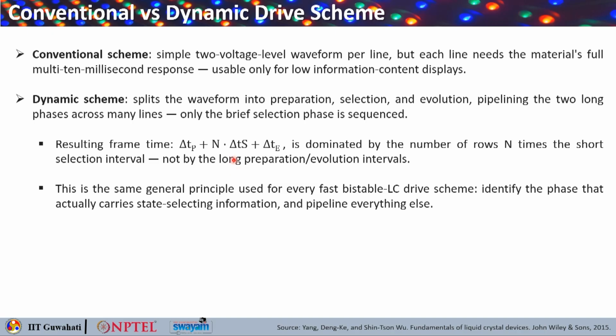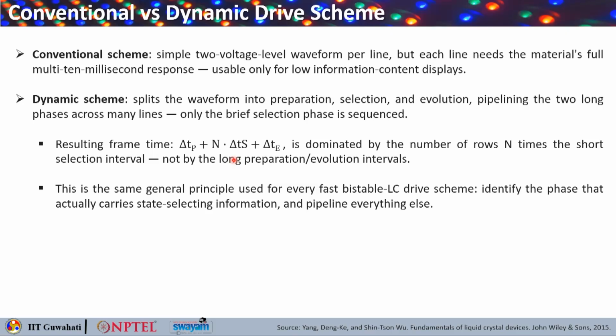So this is the same general principle that was used for every fast bistable liquid crystal driving scheme: you identify the phase that actually carries the state selecting information and you can pipeline everything else.